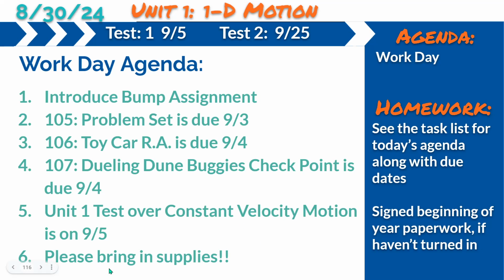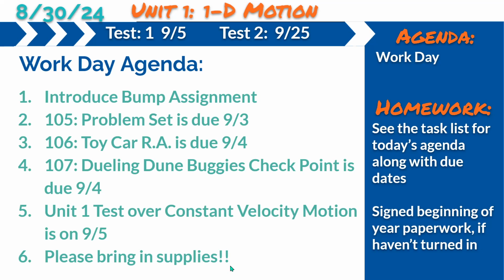And then if you don't already have them, please bring in supplies for this class. They've been on the board for a couple days, but actually the whole week. So if you haven't noticed them up there, please take a look, because there are certain things you need for this class. I've mentioned a physics binder before, or at least some section in a binder, if you don't have the space to have a dedicated one.